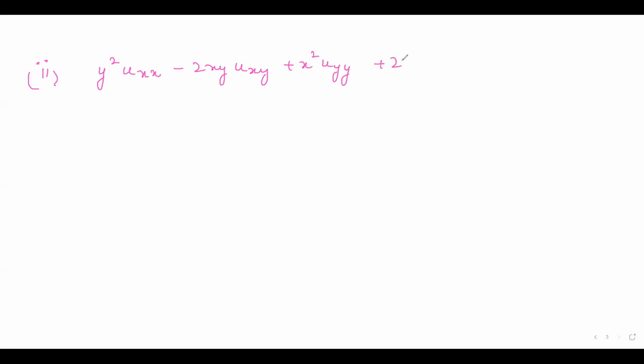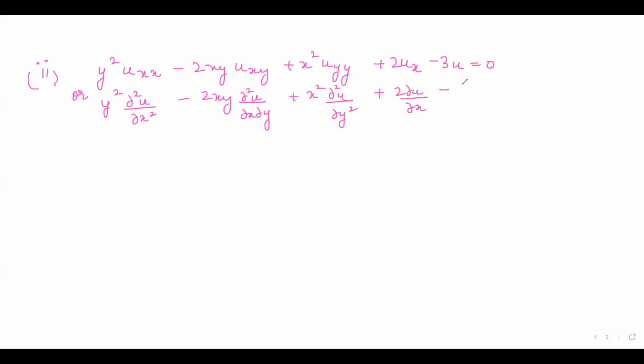Now in this, you also have the other values, right? I can again rewrite this as y square del square u upon del x square, del square u upon del x del y. Here again you just need to consider A, B, C. A is y square, B is minus 2xy, and C is x square.